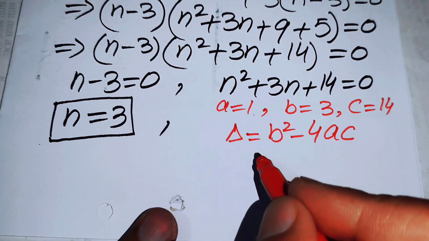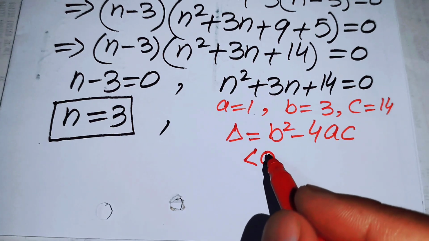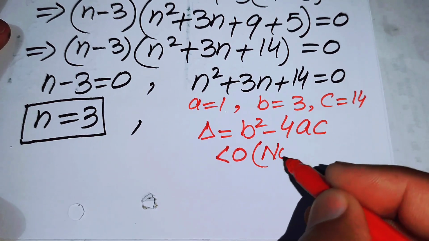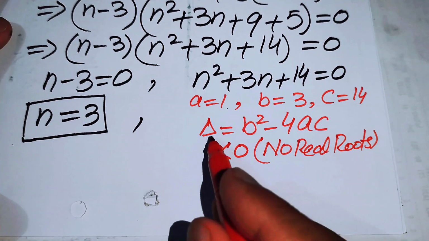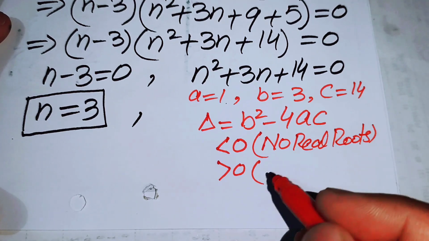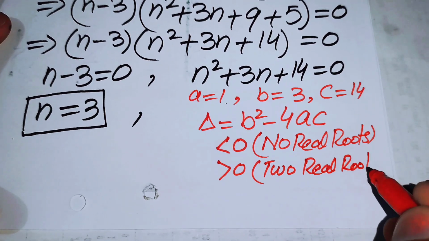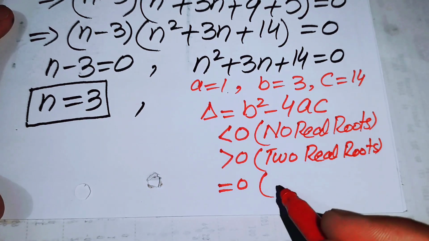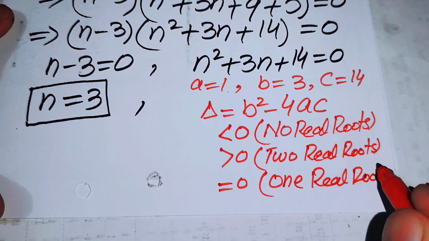If this delta is less than 0, then this quadratic equation has no real root. If this delta is greater than 0, then this quadratic equation has two real roots. And if this delta is equal to 0, then this equation has one real root.